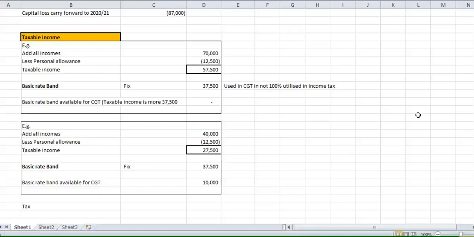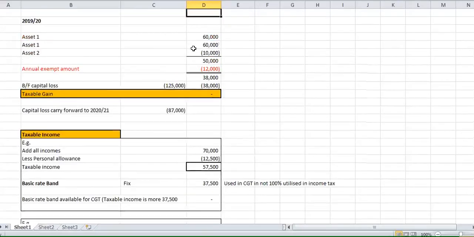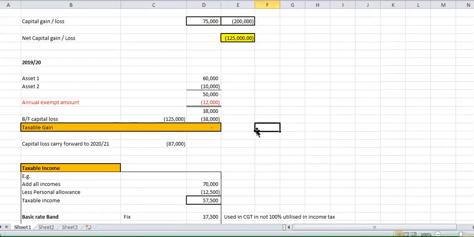Obviously, if you don't have any taxable gain, then you don't need to calculate unused basic rate band. Unused basic rate band is relevant when you calculate the tax. If your taxable gains are zero, you don't have to calculate the basic rate band. The basic rate band is relevant for the rate of tax. Got it?